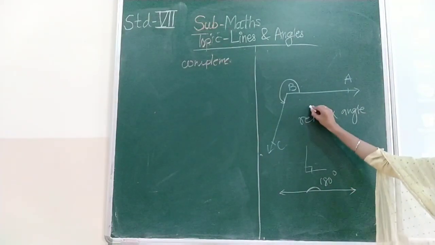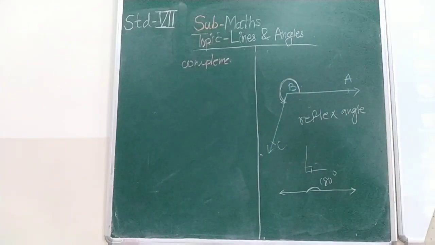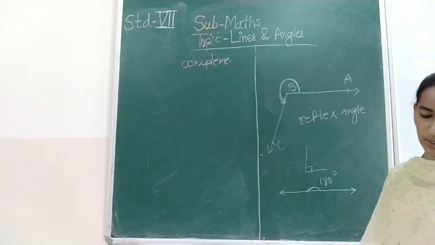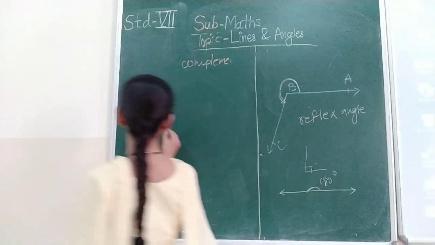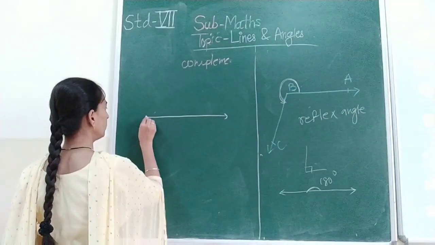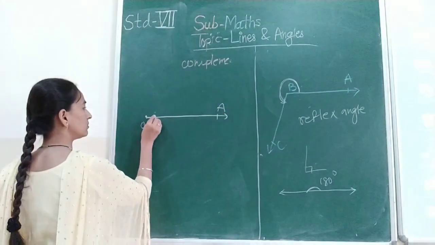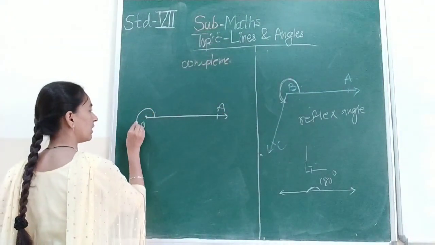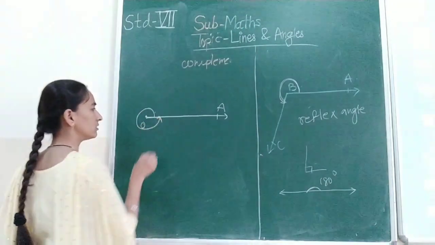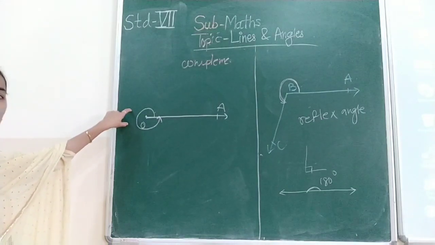And the angle which is greater than 180 is called a reflex angle. Then the next is the complete angle. Suppose this is my ray, here is O, and this is A. When I start from here and come back to the same place, this angle is called 360. You have seen the clock.